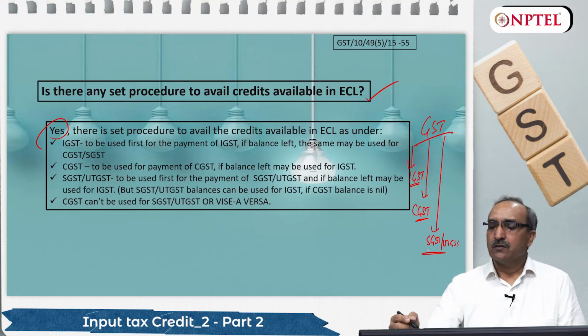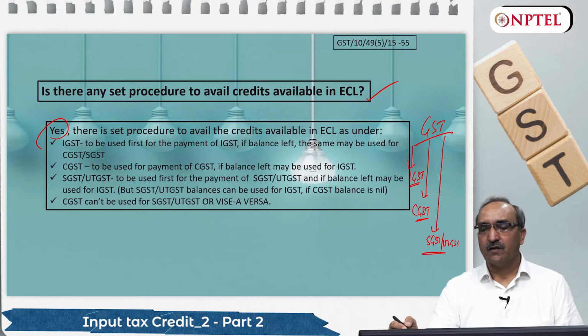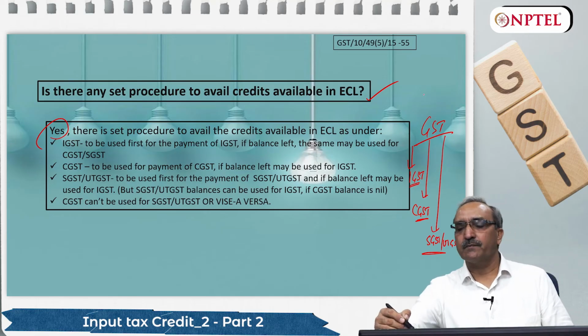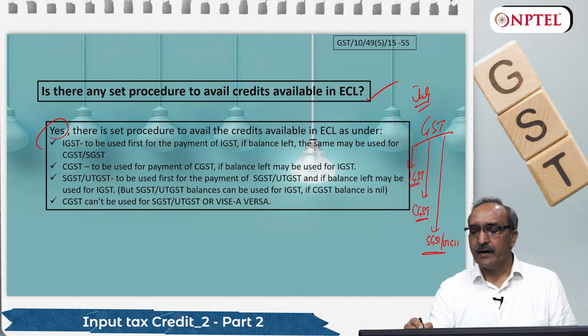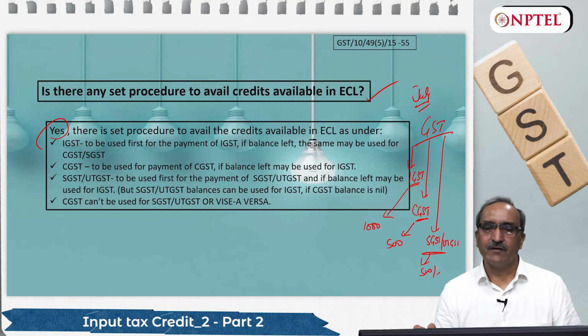By having these transactions, let's take the example of the July month: in this July month my IGST liability is rupees 1000, my CGST liability is 500, my SGST or UTGST liability is 500.